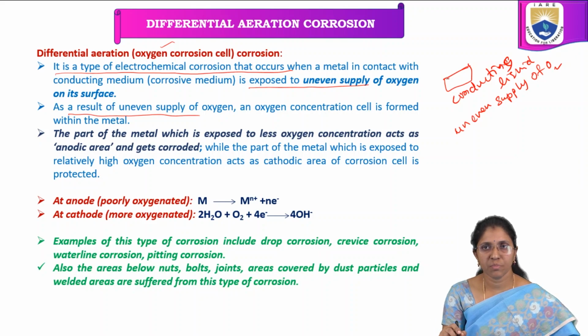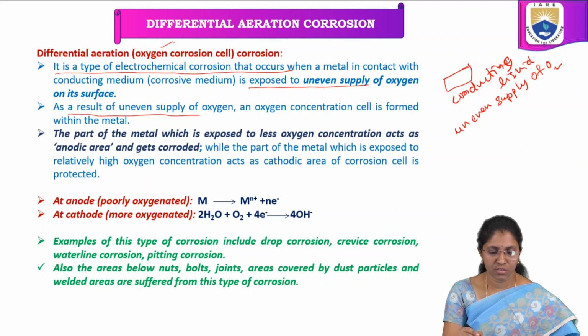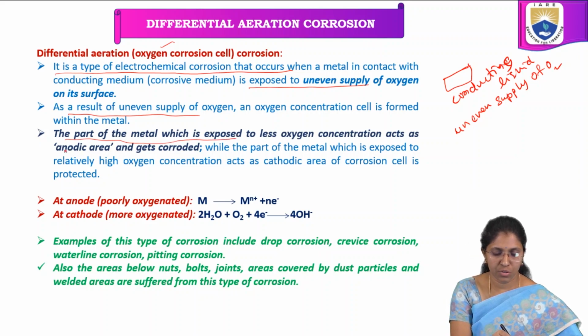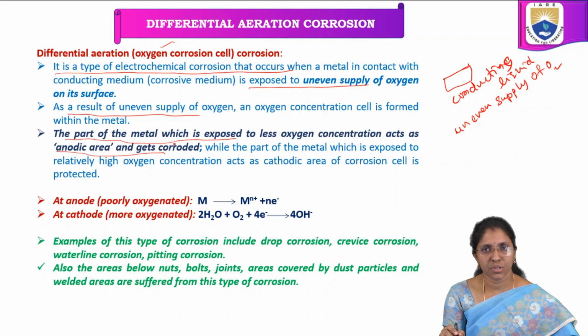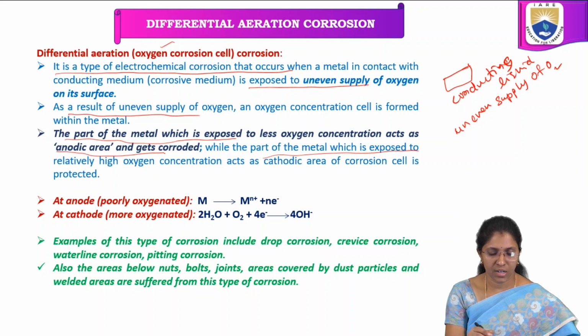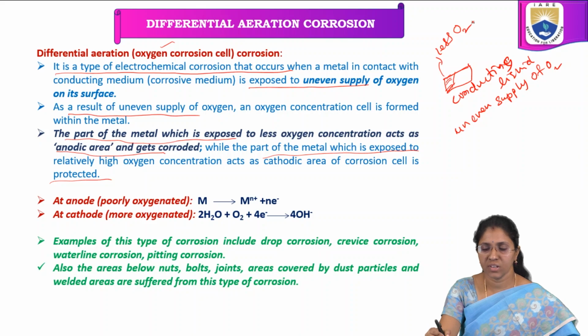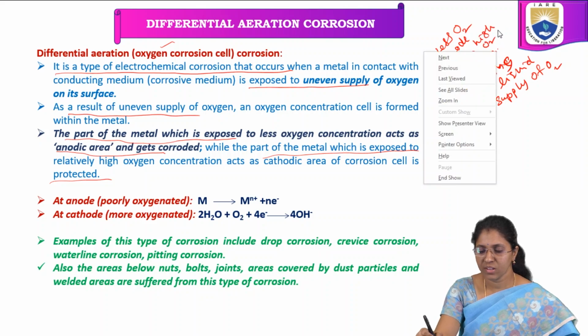The part of the metal exposed to less oxygen concentration acts as the anodic area and gets corroded, while the part exposed to relatively high oxygen concentration acts as the cathodic area of the corrosion cell and is protected.